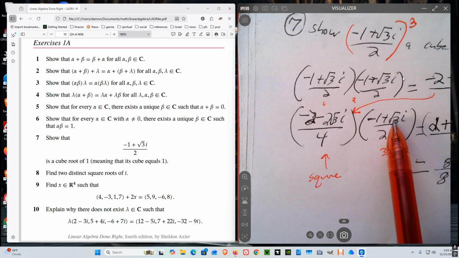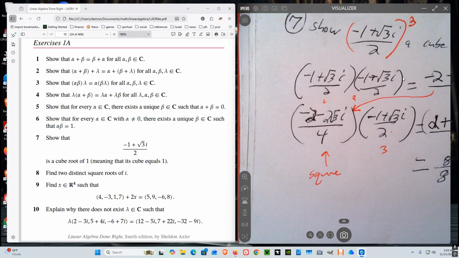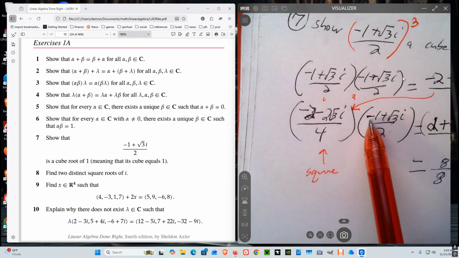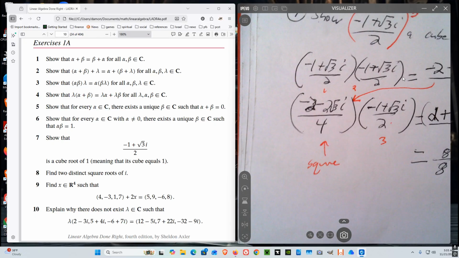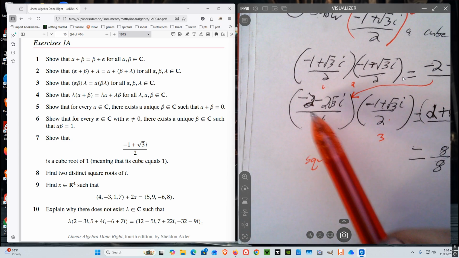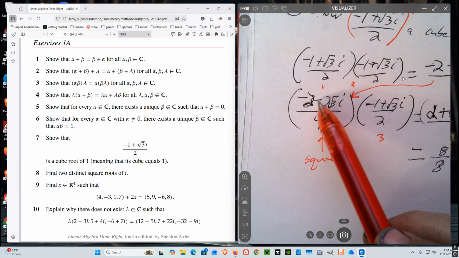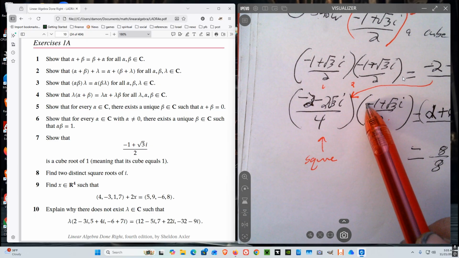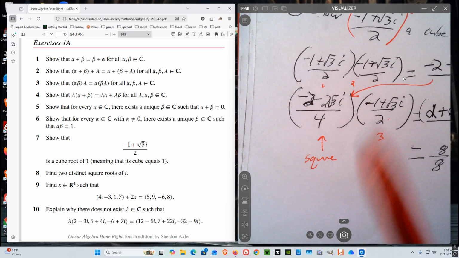Root 3 times root 3 is 3. 3 times the 2 is where I got the 6 from. Negative 2 times negative 1 is positive 2. Minus 2 root 3, minus 2 root 3. The minus and the minus here make a plus, and the minus with the plus makes a plus.